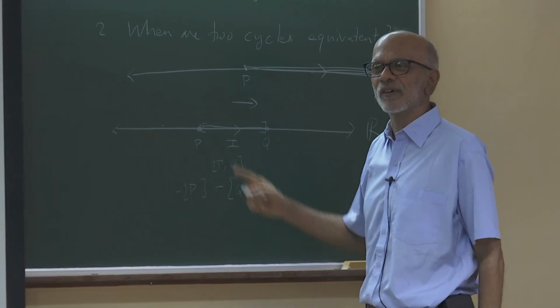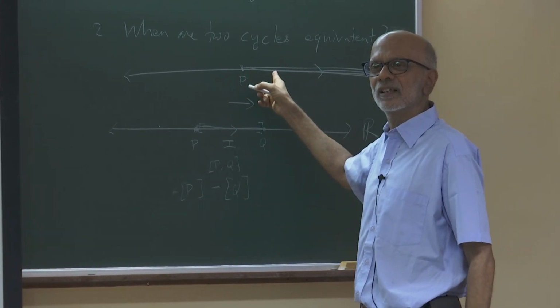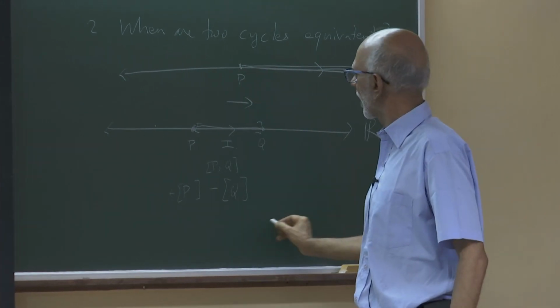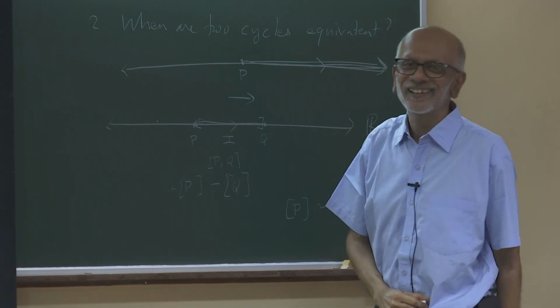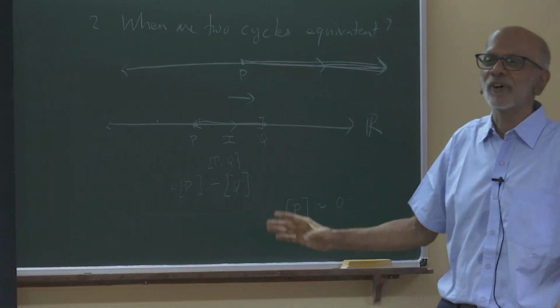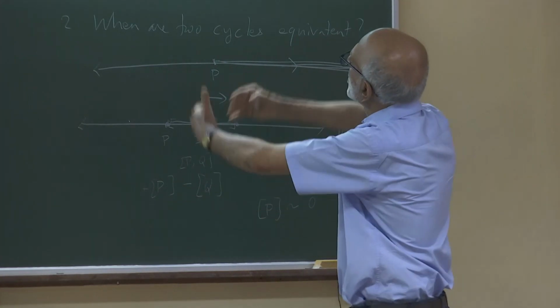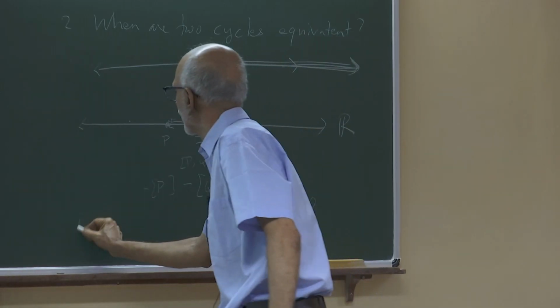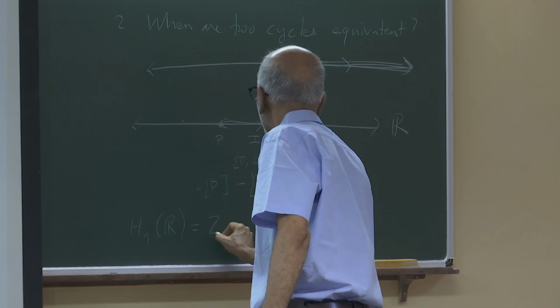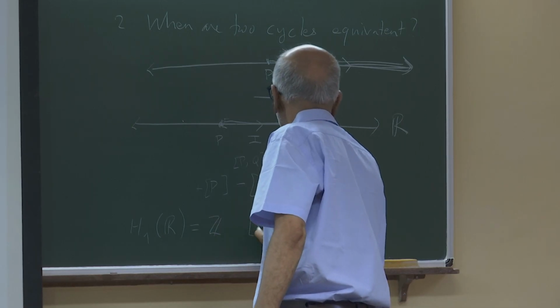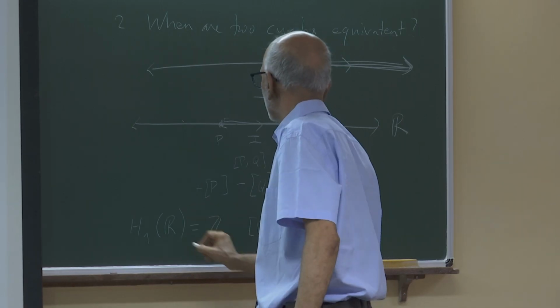And what's the boundary of this half line? P. And therefore actually P is equivalent to 0. So finally the homology theory which comes out of this is going to tell you that H1(R) is equal to Z generated by R, okay?